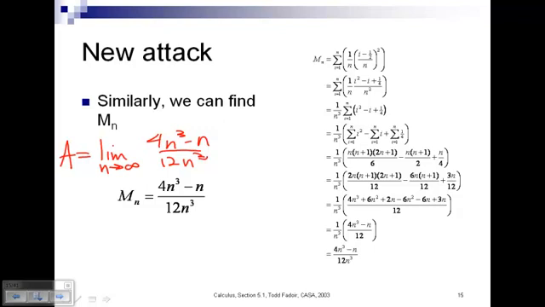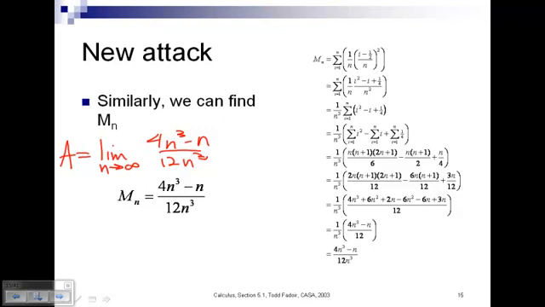Can we figure out what the value of that limit is as n approaches infinity? What did we learn way back in chapter 2? As n goes to infinity, what doesn't matter? As n goes to infinity, this n cubed and n cubed just equal these two n cubes.